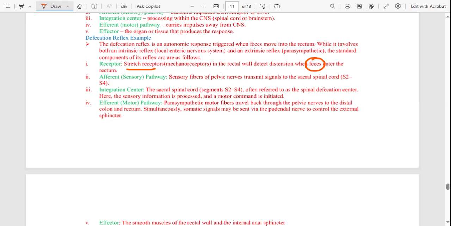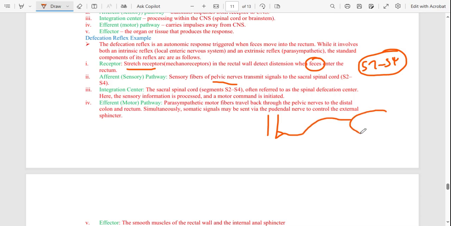Because of stretch, that is going to stimulate these stretch receptors, and then information is going to be carried by the afferent or the sensory nerves via what we call the pelvic nerves. These pelvic nerves are from S2 to S4. So this information is going to the spinal cord. Here is the rectum. It has been stretched. So this nerve is going to go to the back of the spinal cord, and then from there is an integration center just within the spinal cord.